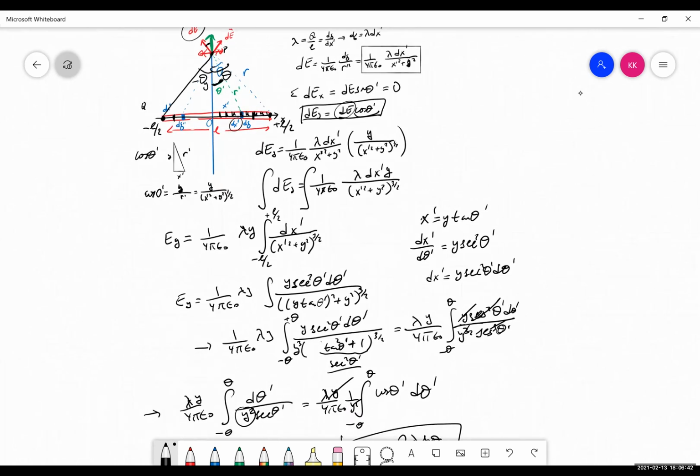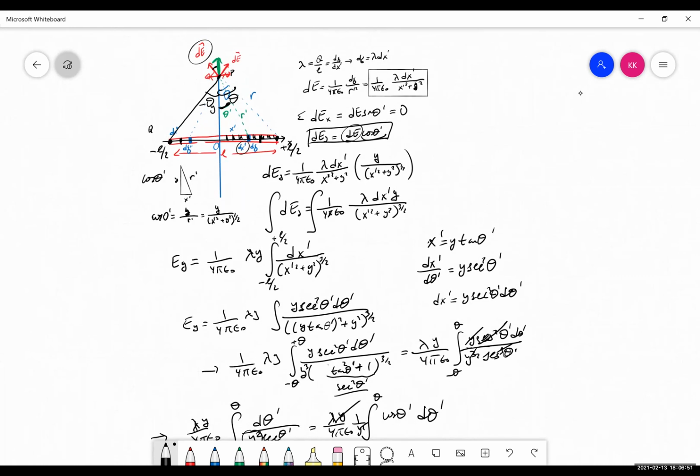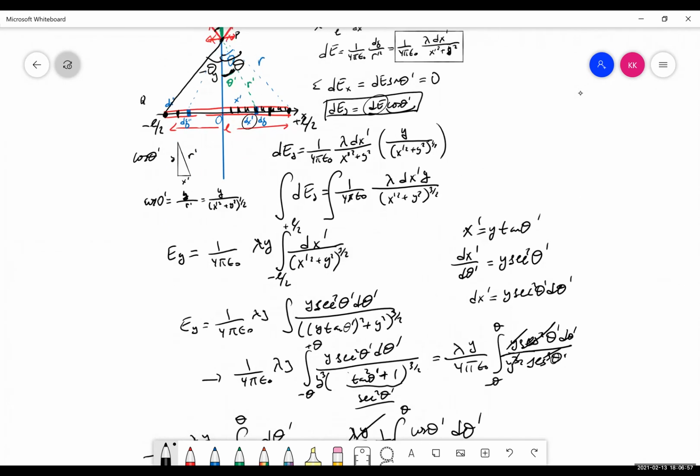Remember, if the electric field was on the same axis as the rod itself, it was a lot more straightforward example. And this one, we have to do all this calculation. Yes, it is very tedious. It requires a lot of calculus.